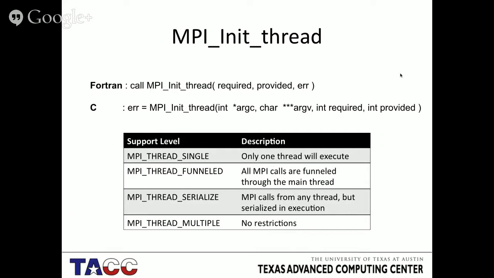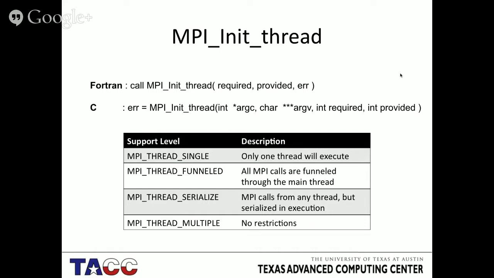So you can use MPI_Init_thread with several options. You can have MPI_THREAD_SINGLE, which essentially means, hey, only one thread is going to execute throughout the code. You can use MPI_THREAD_FUNNELED, which means only the master thread is going to execute MPI calls.